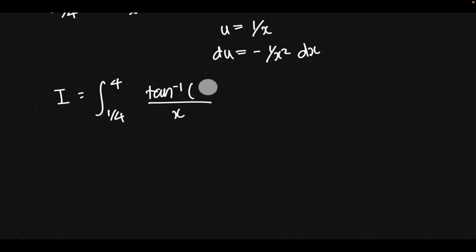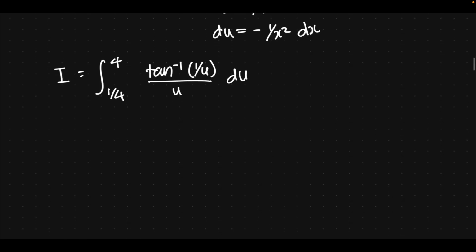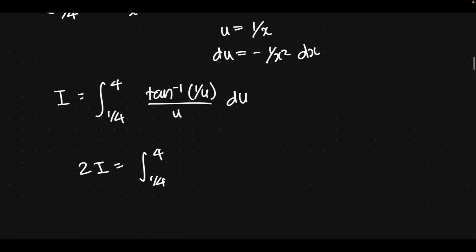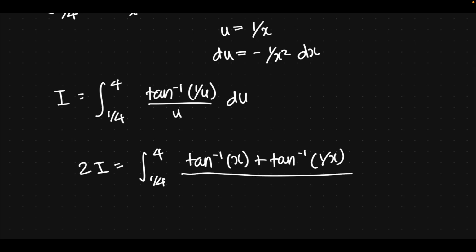Or maybe I should change it to u because I said I was going to use u. du. There you go. So when I add both of them up, 2I is integral 1/4 to 4. We can change the u back to an x because it's a definite integral. Inverse tan of x plus inverse tan 1 over x, all divided by x dx.